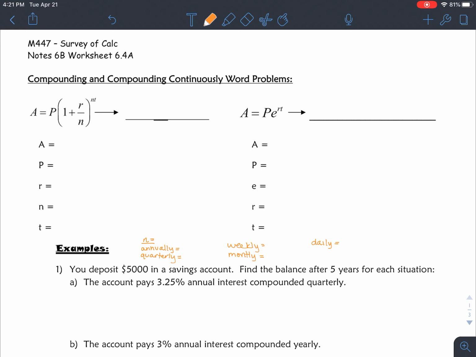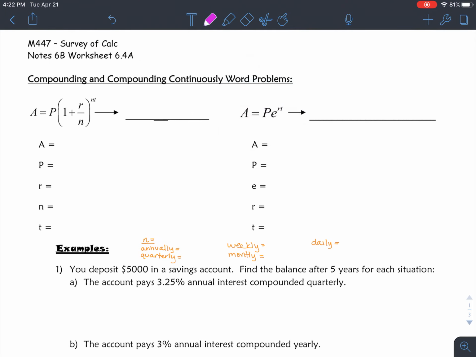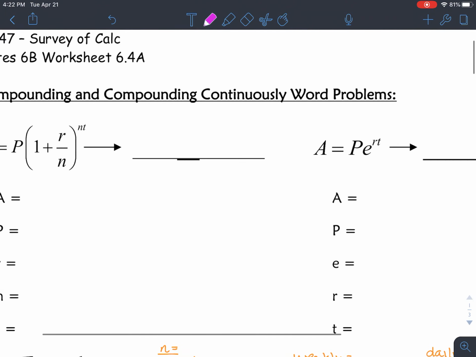So this lesson was basically all your Algebra 2, where we learned about compounding and compounding continuously. Our first formula here is about if you are just talking about compounding interest. This one is just straight up for compounding.